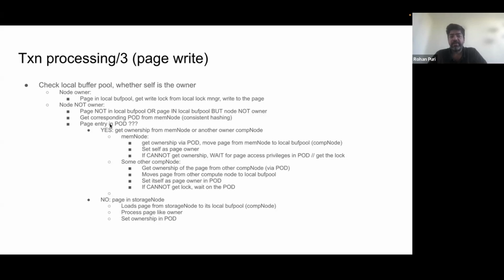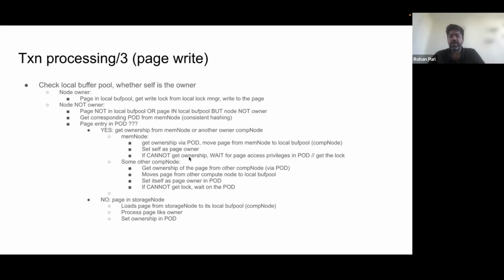The page entry may be in the POD or may not be in the POD. If it is in the POD, get ownership from the memory node or any other compute node who can be the owner of this page. If a memory node is the owner, you get the ownership via the POD. You move the page from the memory node to the local buffer pool of this compute node. You set yourself as the page owner.